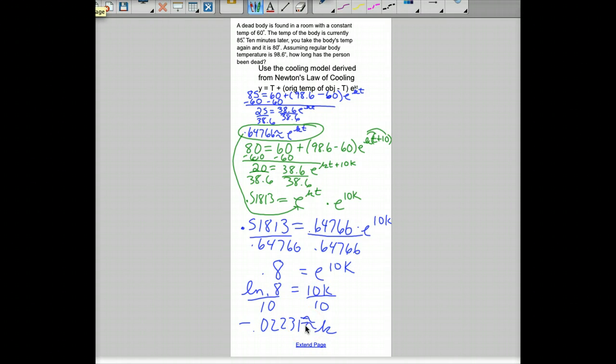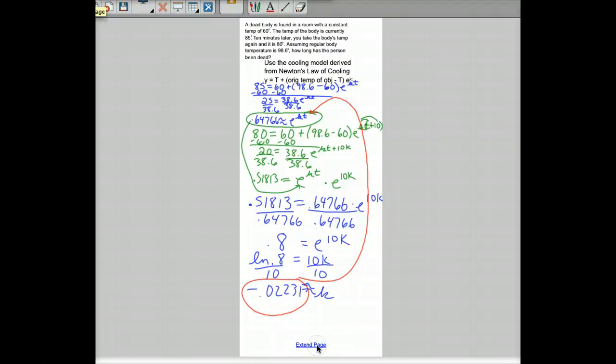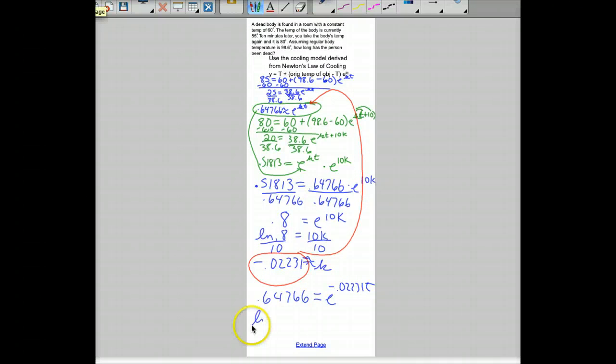So now that we know k, we can go back and find t. We're going to take that k and plug it back in to here to find t. So we'll have e to the negative 0.02231 t equals 0.64766. We can take the natural log of both sides, and then the e will be gone.